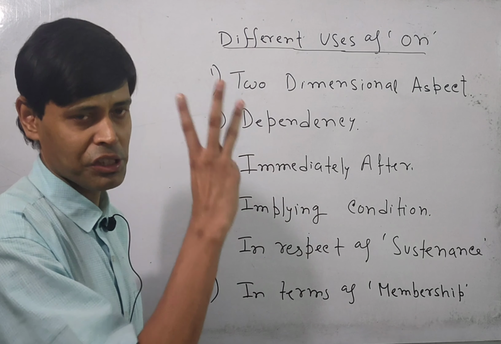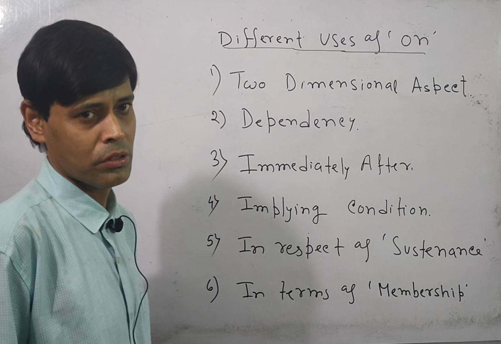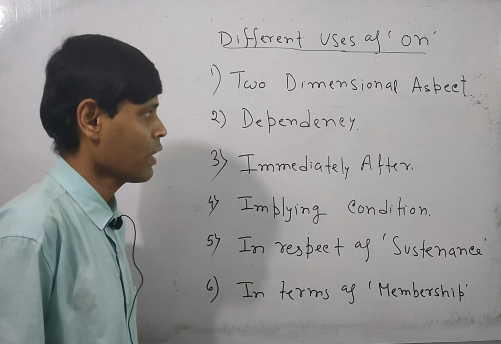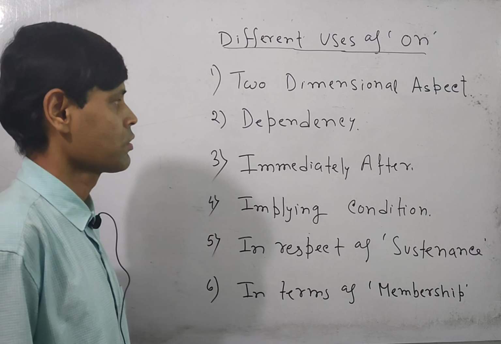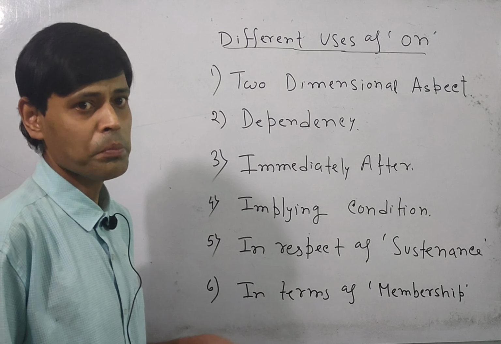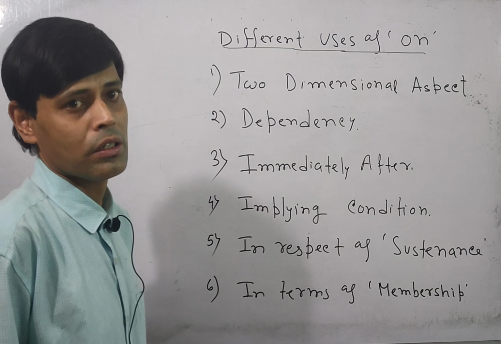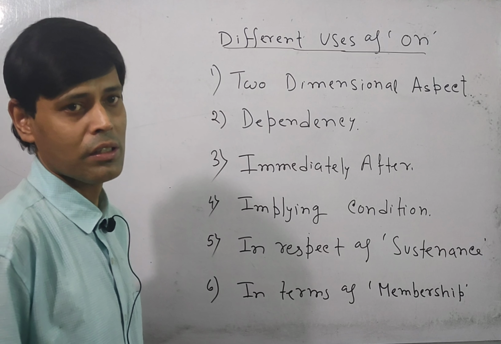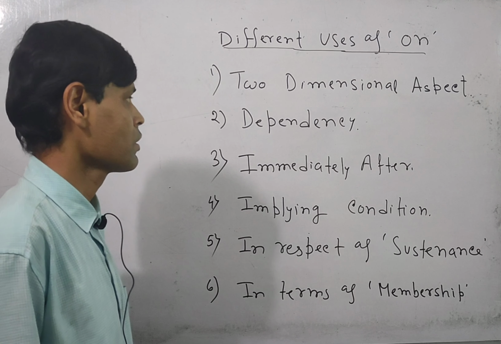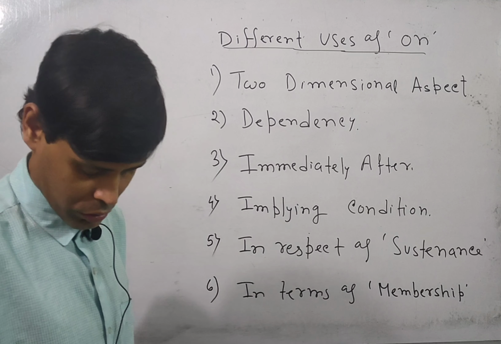There are 3 dimensions: length, breadth, height or volume. So whenever we discuss the two-dimensional aspect, that means out of the 3, 2 dimensions must be there against any object or something like that. In that case, the preposition on will come into effect.